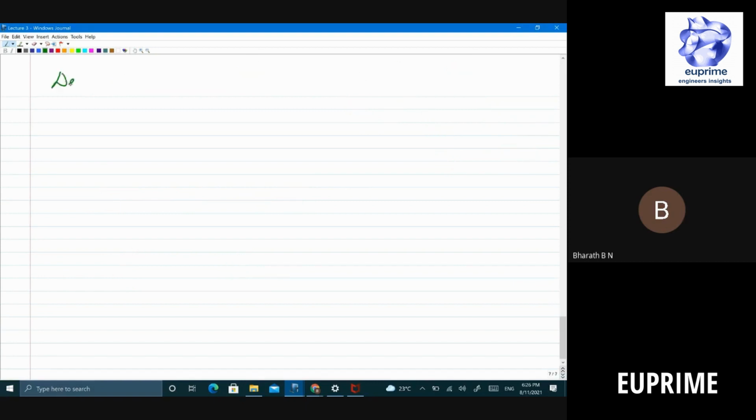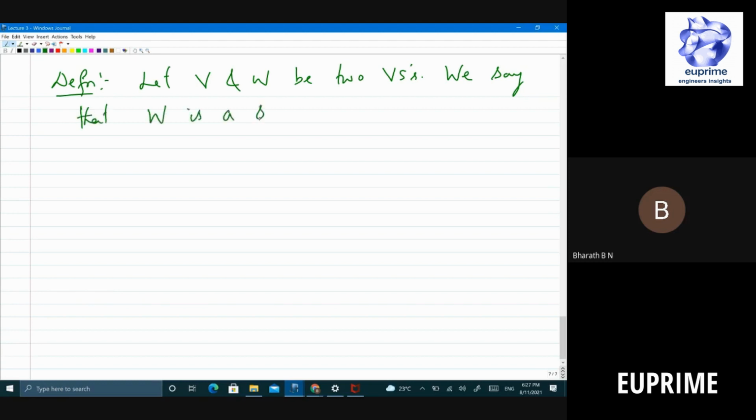Okay. So now let me write that as a definition. Let V and W be two vector spaces. We say that W is a subspace of V if, a couple of things.